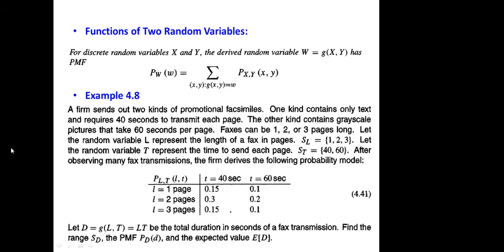One kind is only text, and another kind of fax is the image. So this text kind of page can be 1, 2, 3, and the image kind of page also can be 1, 2, 3.